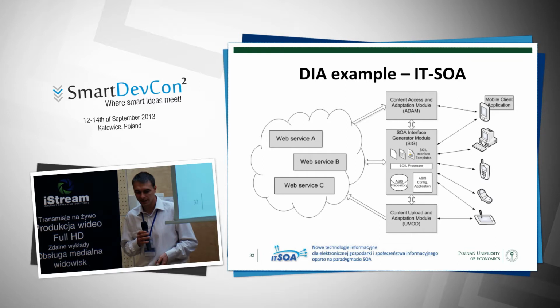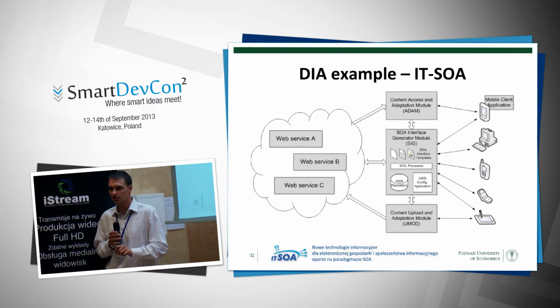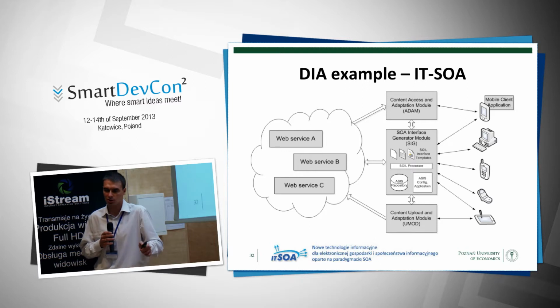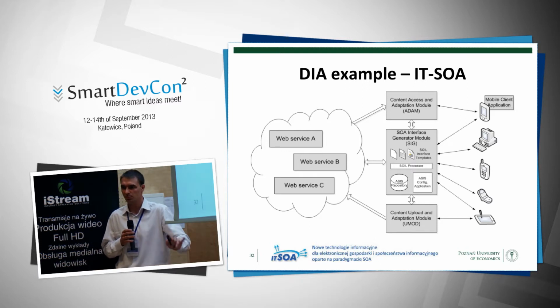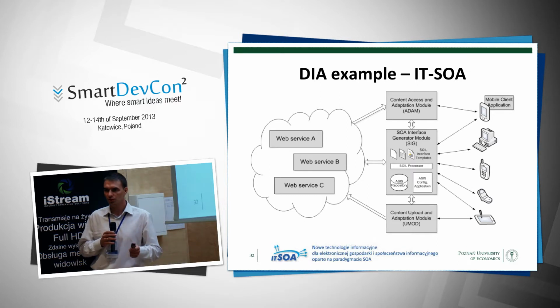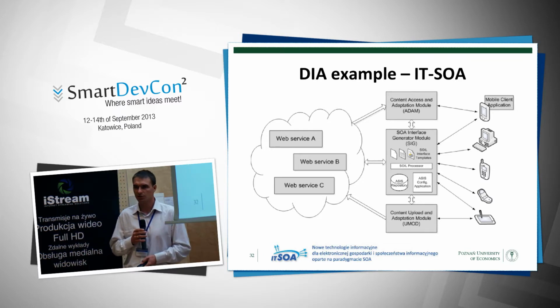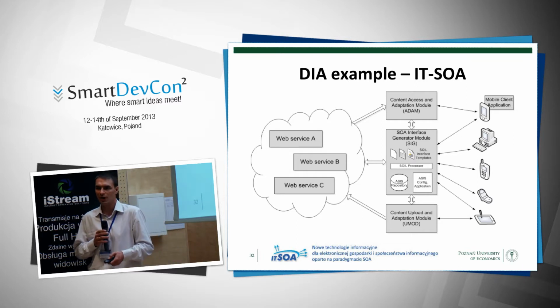So we had a middleware which was completely transparent and agnostic, business logic agnostic, independent of the business logic implemented in web services. And what we did, we took the information about what should be shown to the user, and using some patterns and templates, we generated a specific UI for a specific device.